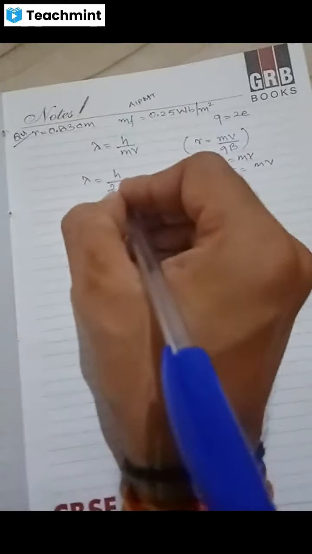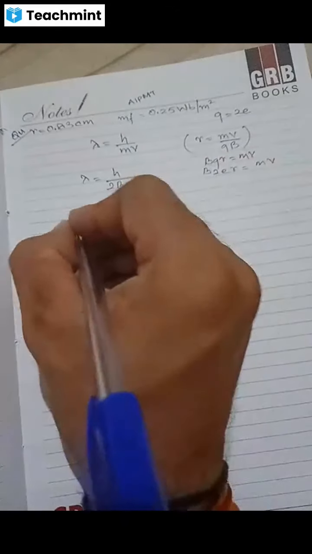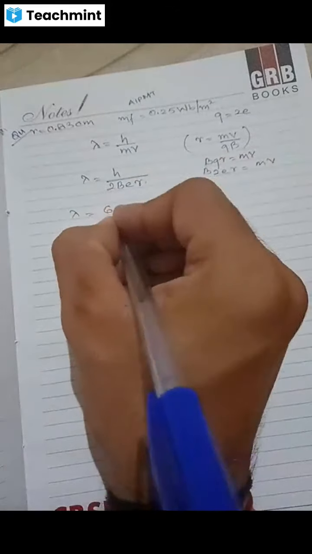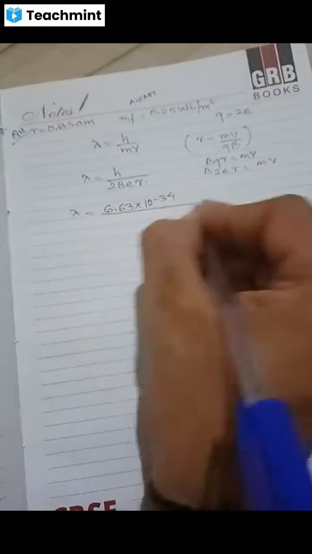So here I am writing lambda is equal to h upon 2Ber. You already know all these values. The value of h is 6.63 into 10 to the power minus 34. The value 2 as it is.